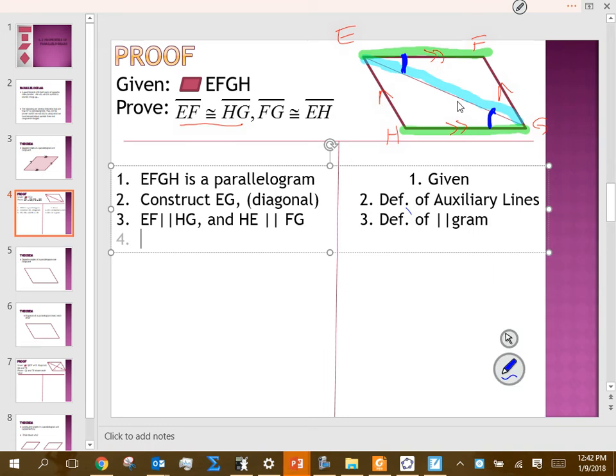Let's say angle FEG, congruent to angle HGE, and that is the alternate interior angles theorem. It said if two parallel lines are cut by a transversal, then alternate interior angles are congruent. Does that make sense? Oh, I missed the G. Thank you. All right. Is that okay with everybody?